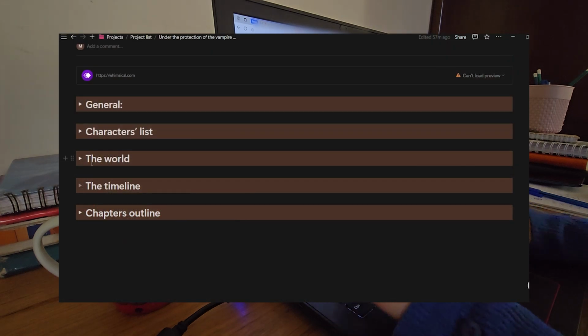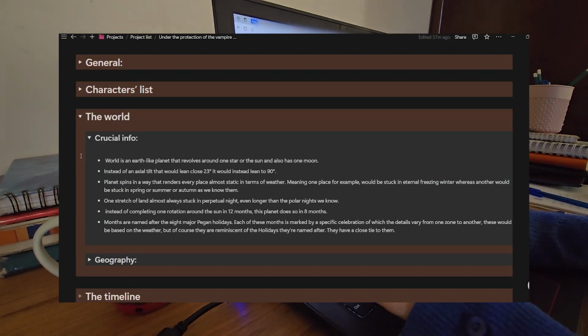After that, this section titled The World has everything that concerns this universe that I've created. First and foremost, this world is an Earth-like planet that revolves around one star, or the sun, and also has one moon. It has an axial tilt and an orbit that directly influence the four seasons.